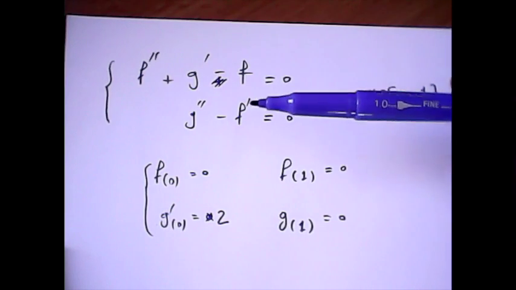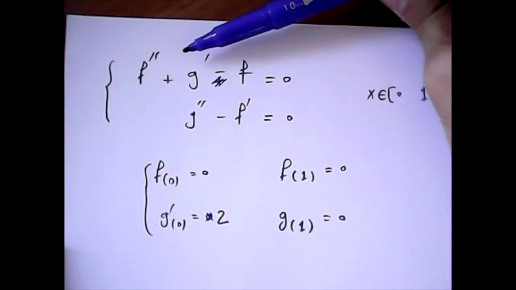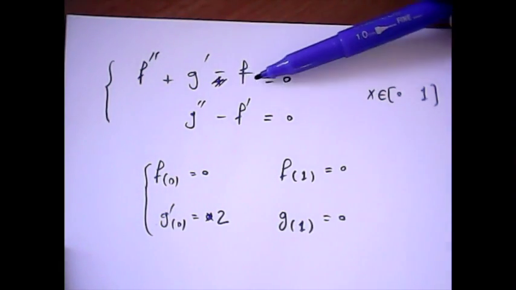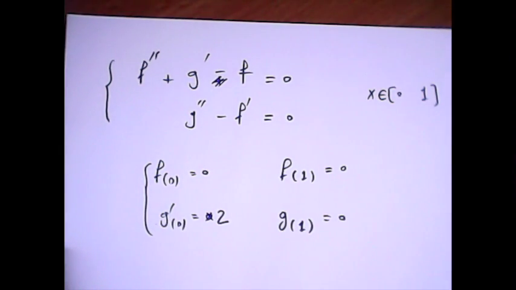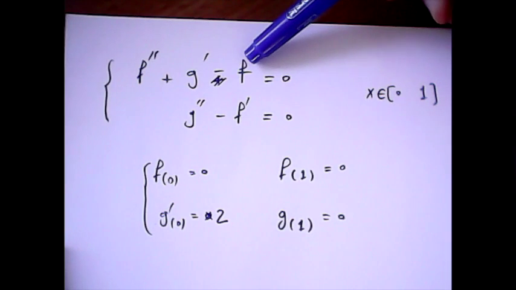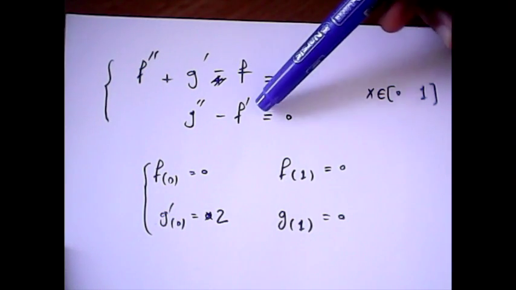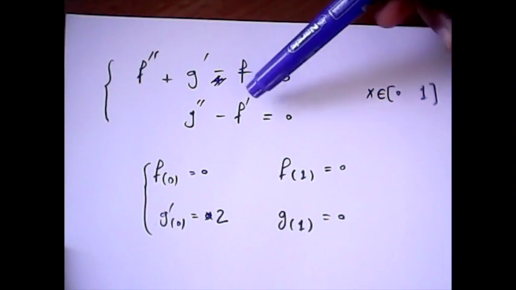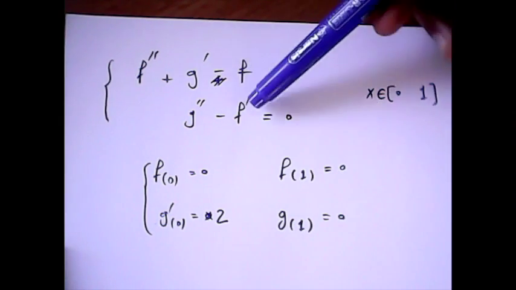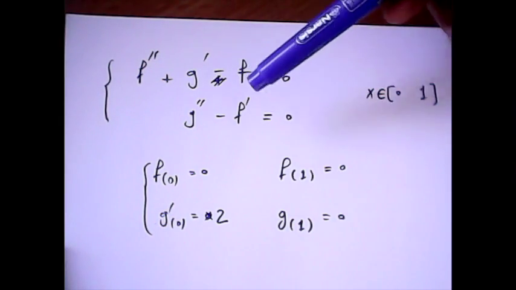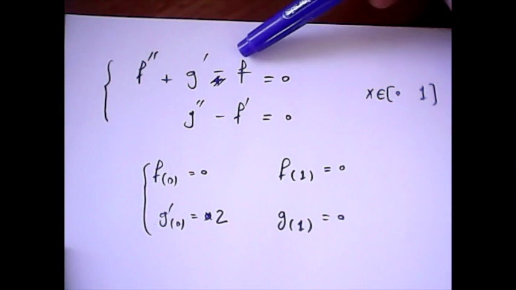In the equation on top, I have g prime minus f. On the bottom, I have the same thing, except it's the derivative of it.